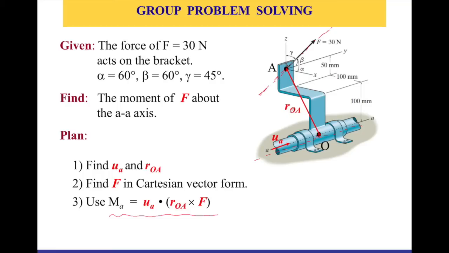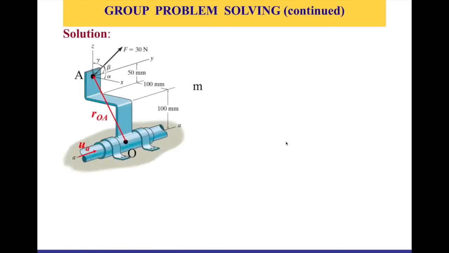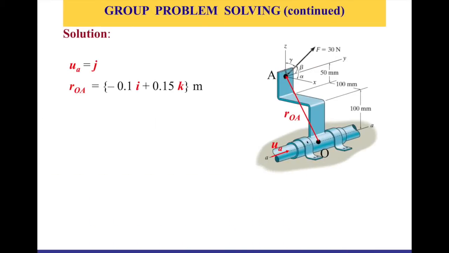So step one is to find the unit vector UA. If you look at the graph that we have, we can assume that my Cartesian coordinate system is x, y, and z, and it's set up in this geometry.